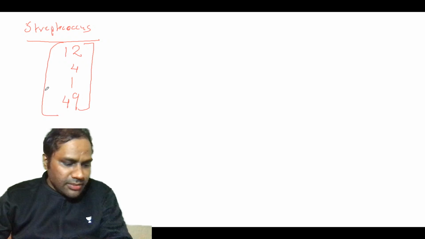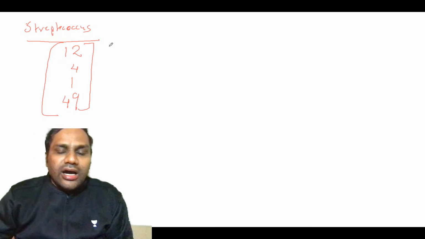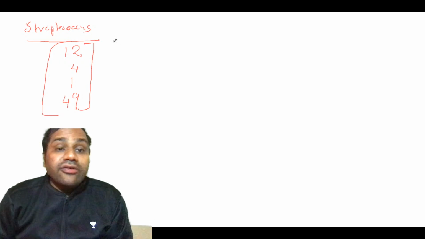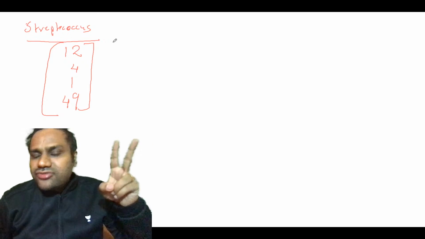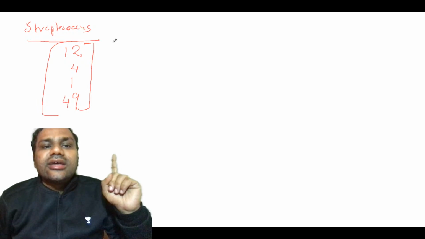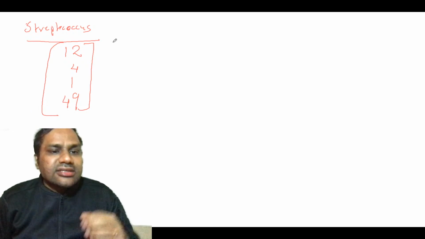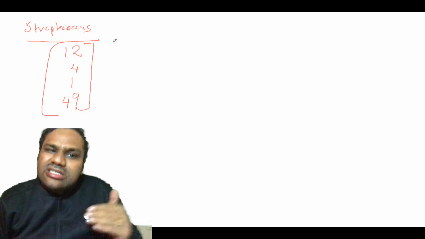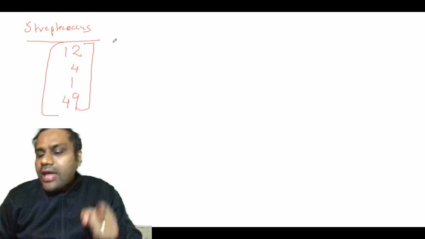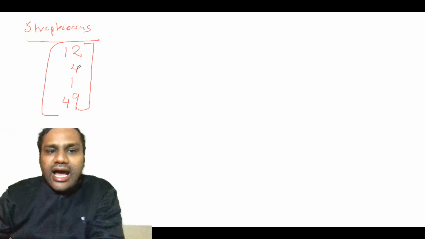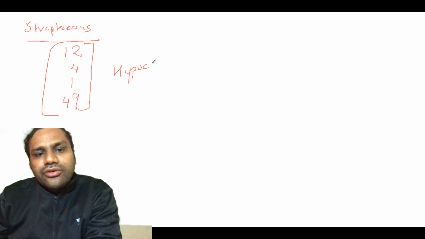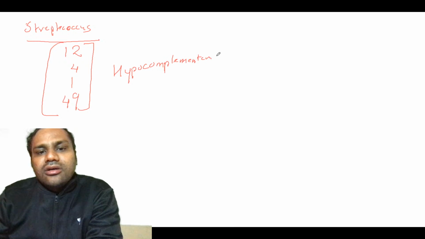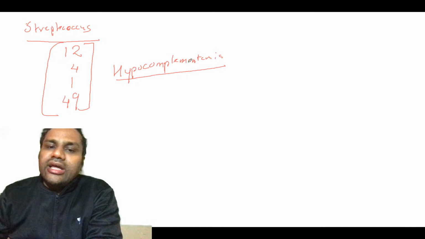Now this is basically about streptococcus. Whenever we are talking about kidney disease, glomerular disease, one thing you need to remember always is complements. Are the complements increased or decreased in this case? There is hypocomplementemia. This is not a star point here, but you can get it.